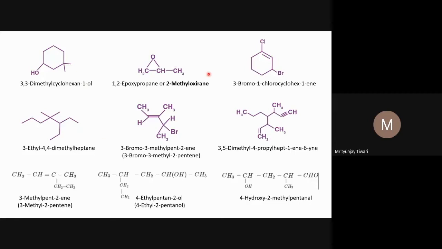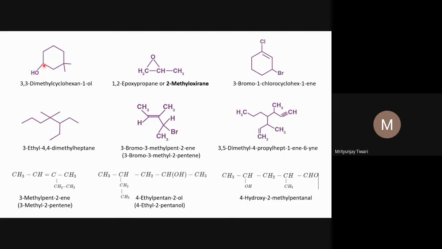Now let's see some other examples. In this example, this compound is a cyclic alkane, a cyclic aliphatic compound, and these compounds are called alicyclic compounds. The OH group is here, and numbering will start from this OH group, the functional group.